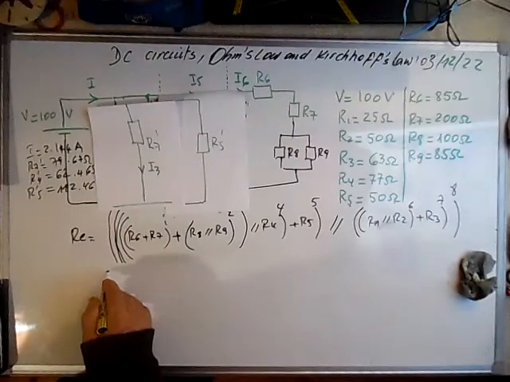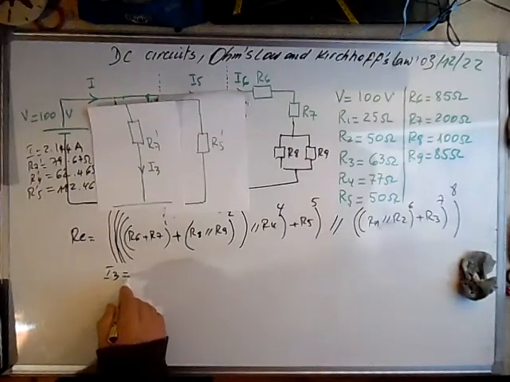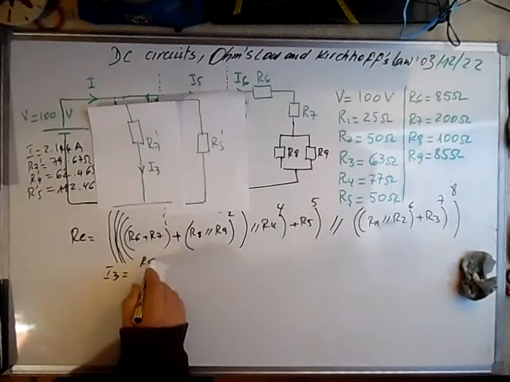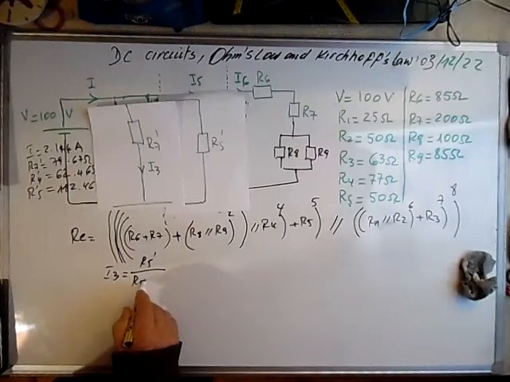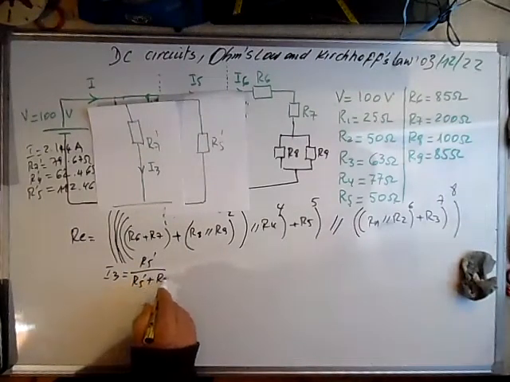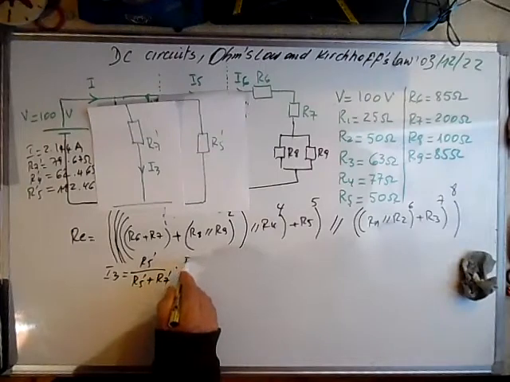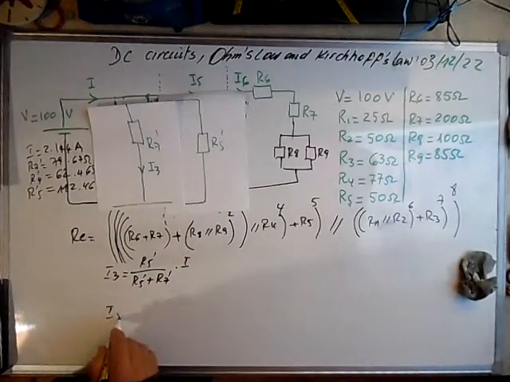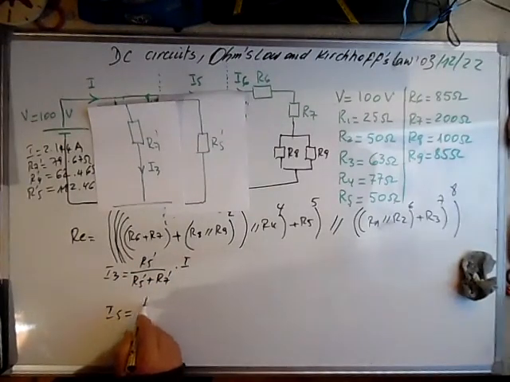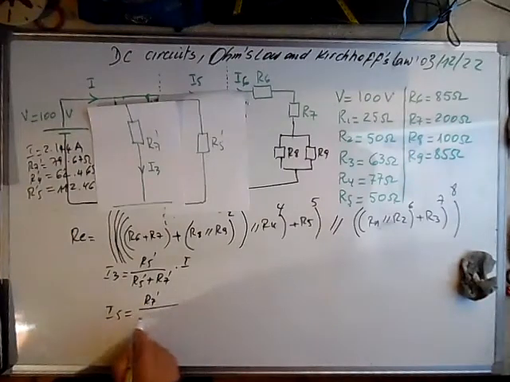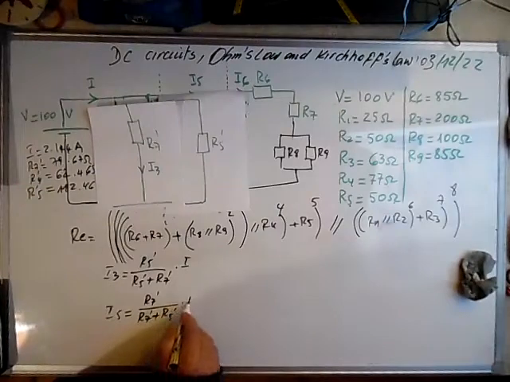So I3 is equal to R5 prime over R5 prime plus R7 prime times the main current. I5 is R7 prime over R7 prime plus R5 prime times I.